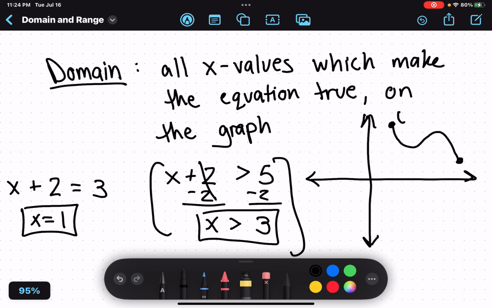And let's say the coordinates of this are x is 2 and y is 10. And then the point over here, let's say x is 15 and y is 3.